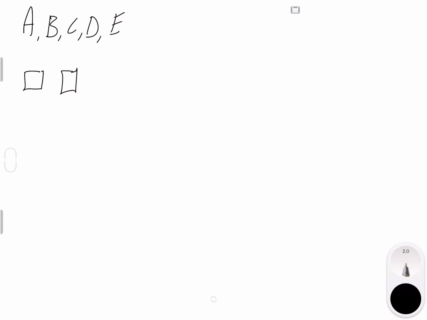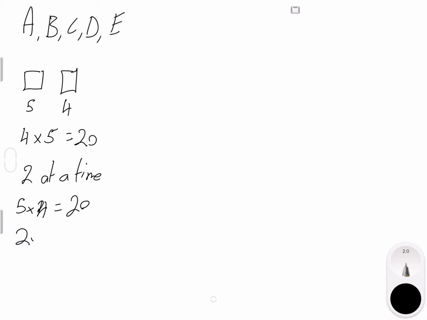How many symbols will go in the first box? Well, there's 5. If we take one of these out, how many are left? Well, there's 4, so there'll be 4 options for the second box. 4 times 5, or 5 times 4 really, is equal to 20. So for 2 at a time, there's going to be 5 times 4, which is equal to 20 permutations.